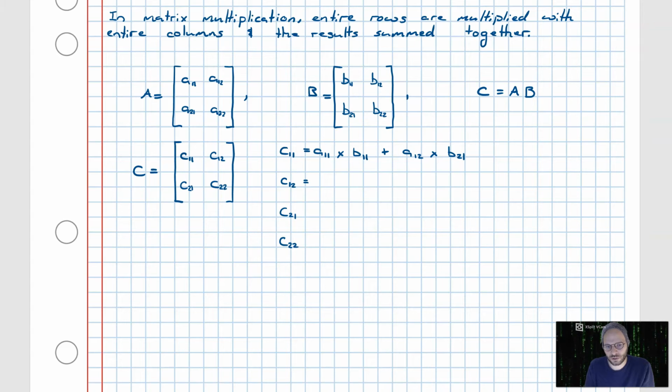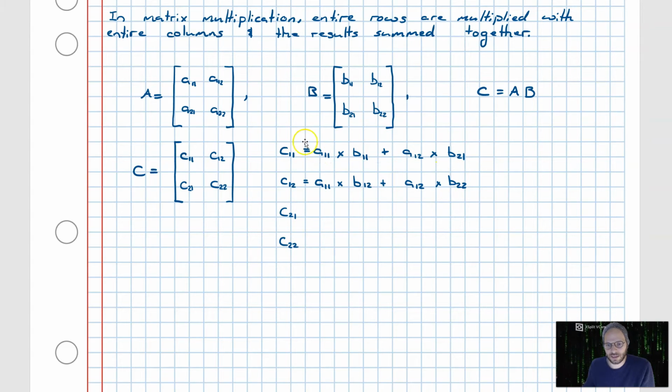Now C12, this is going to be a result of A11 multiplied by B12 plus A12 multiplied by B22.